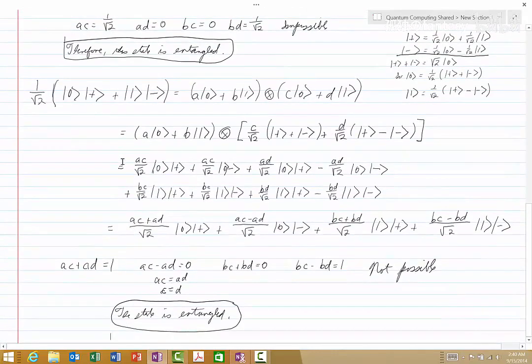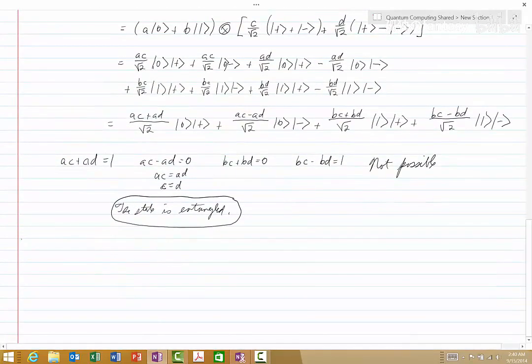And now let's look at entangled multiple qubit states.